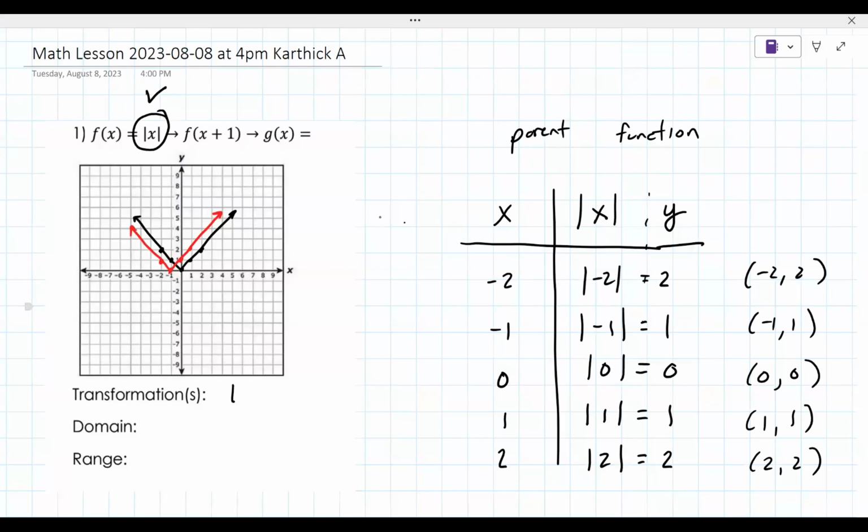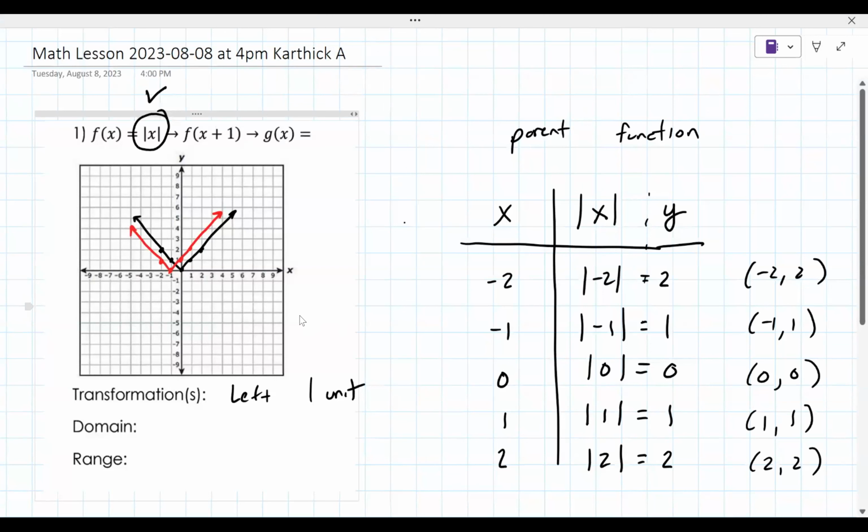So the transformation here is left 1 unit. So when you give the transformations, you have to specify the direction and the amount. Is that okay?